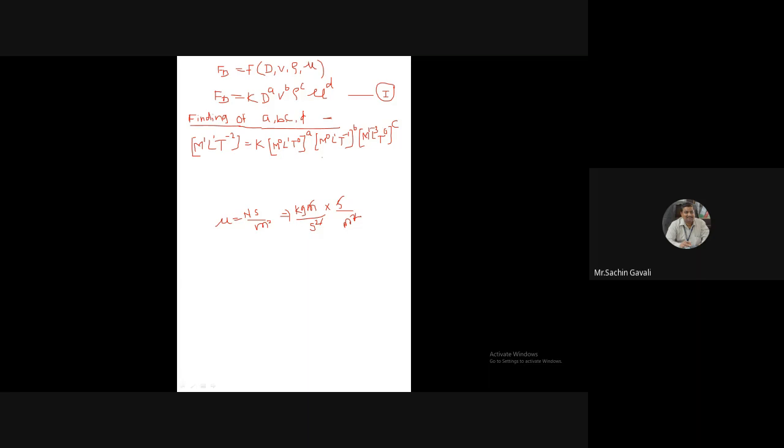What will be there in this case? M raised to 1, L raised to minus 1, T raised to minus 1. Am I right? Up till now I have done correctly.